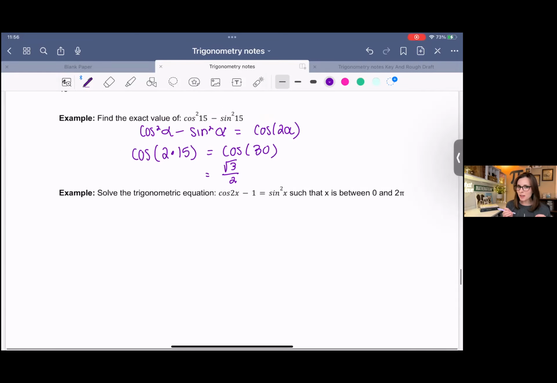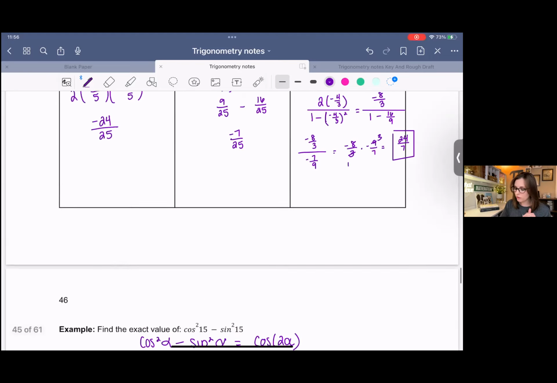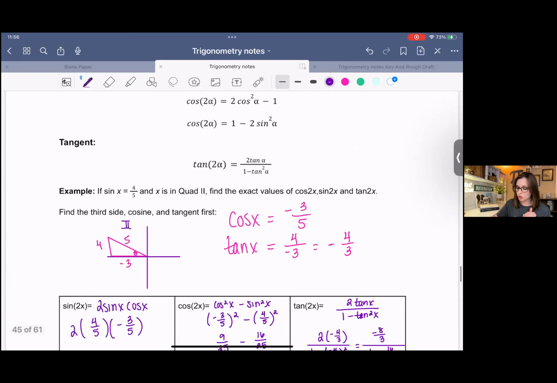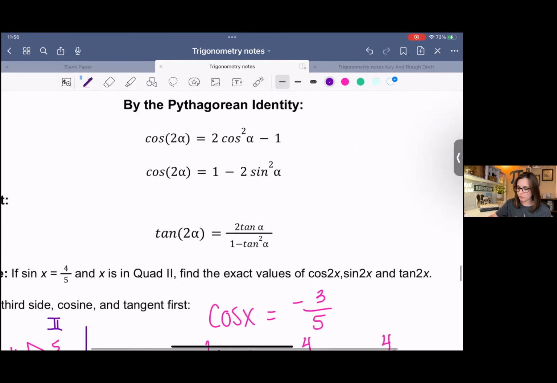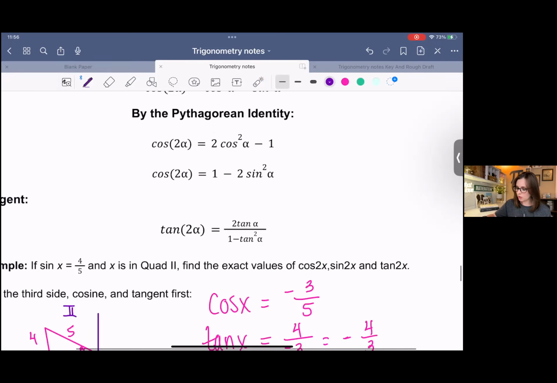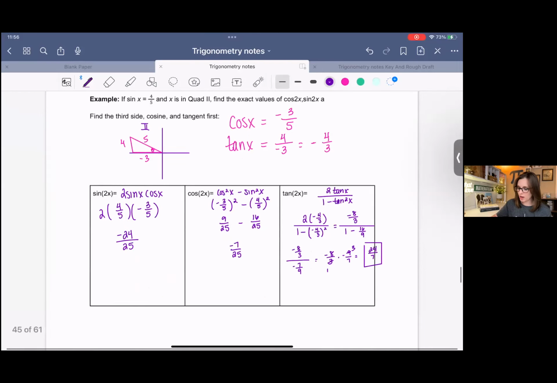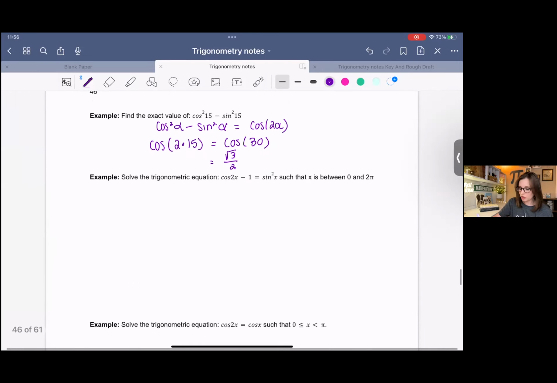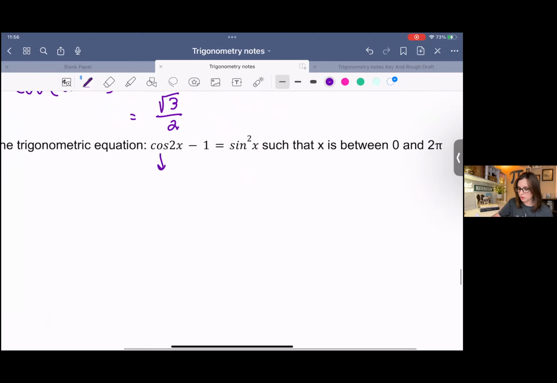And I'm kind of hoping I can find one in terms of sine, since I already have that sine squared x on the right side. So if I go up here, I do indeed have one in terms of sine. 1 minus 2 sine squared x. So I'm going to go down here and I'm going to change that to 1 minus 2 sine squared x. And then I have my minus 1 and then equals sine squared x.